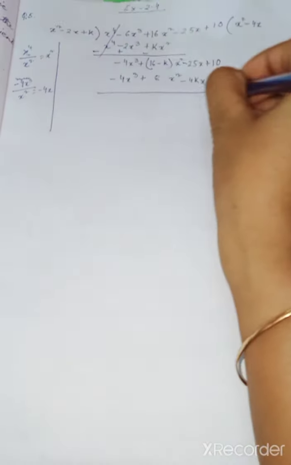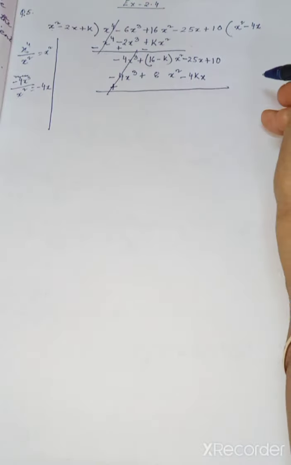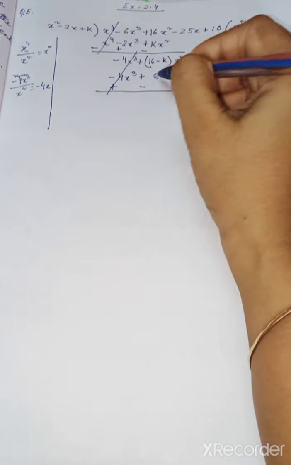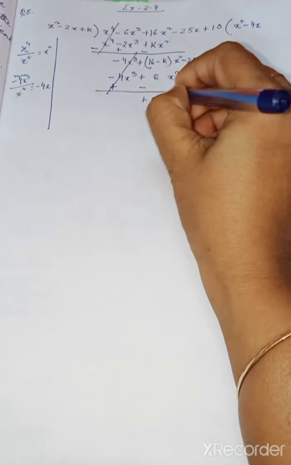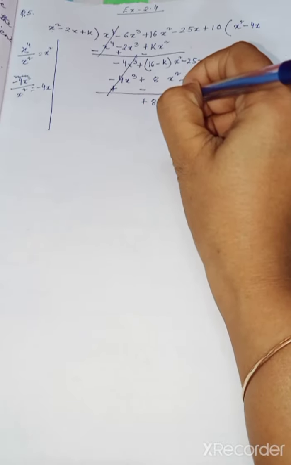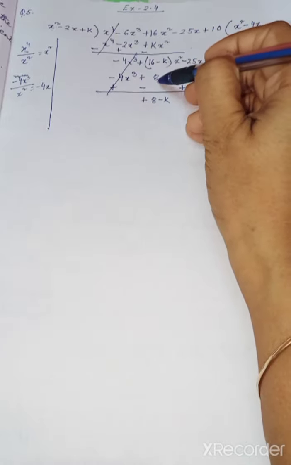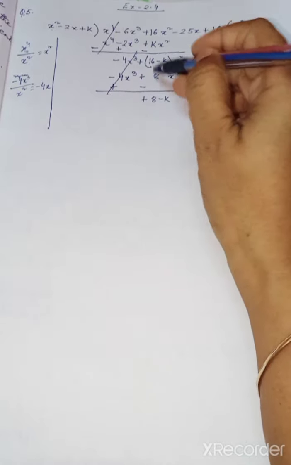Just subtract that. This will cancel out. So 16 minus 8, and minus k will remain the same, because they are like terms. Is it clear? So 16 minus 8 is 8, so 8 minus k.